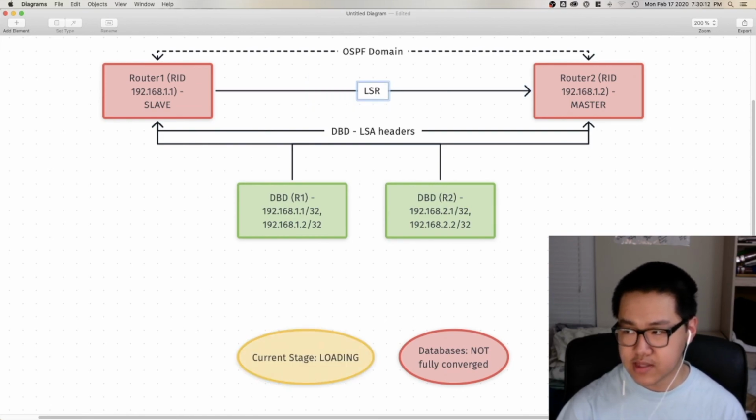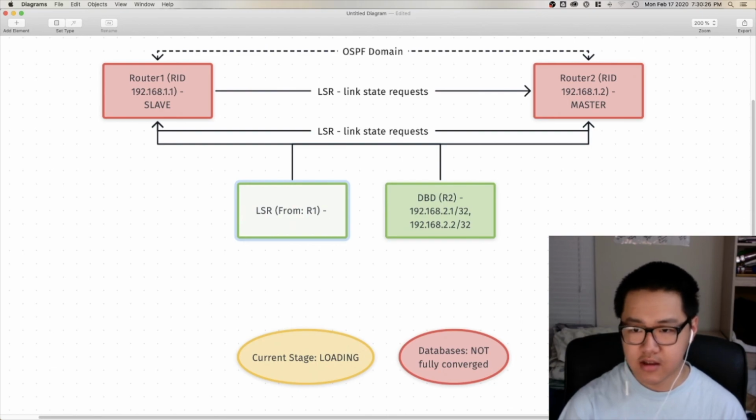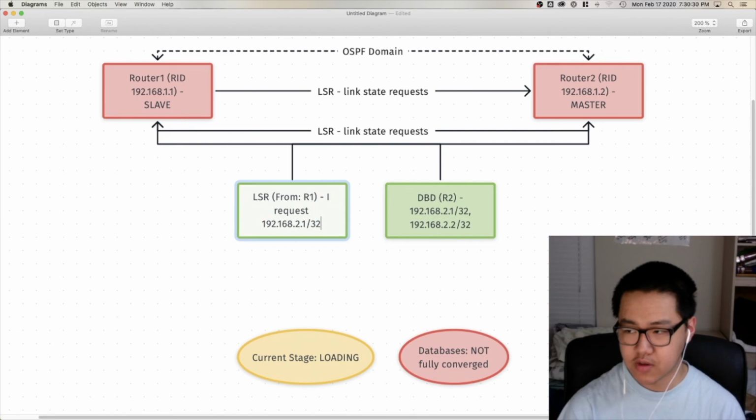In loading, we send these LSRs, link state requests. LSR, link state requests. And then these LSRs from R1, it's going to be requesting, I request 192.168.2.1/32 and 192.168.2.2/32.